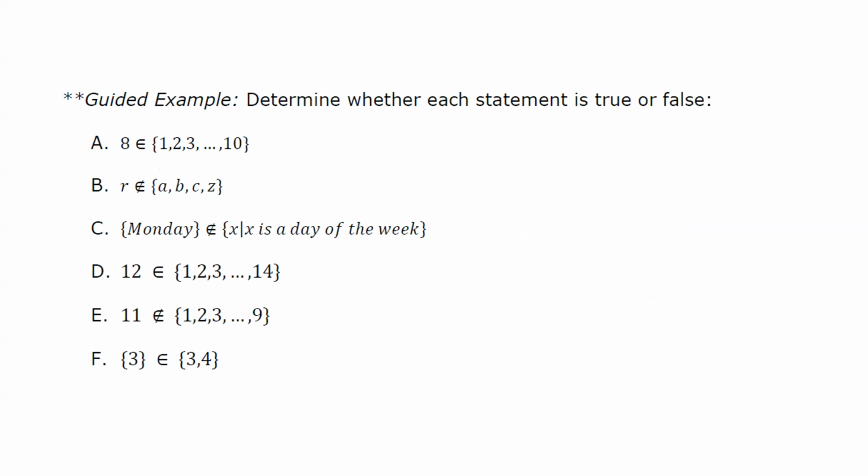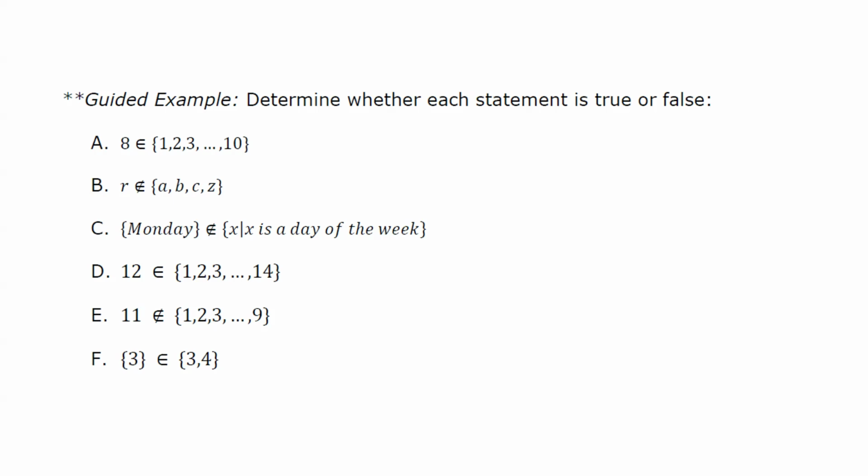Here we're asked to determine whether each statement is true or false. So we're given an element and we need to determine, based off of the symbol, whether it's an element of the set or not an element of the set. So for A, it's saying 8 is an element of the set 1, 2, 3, dot, dot, dot, 10.